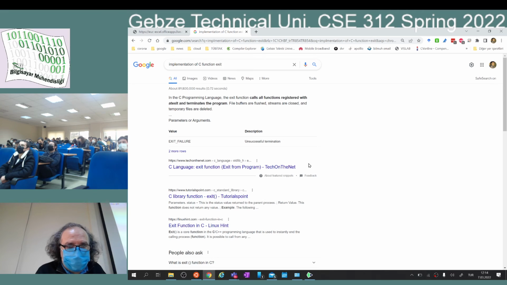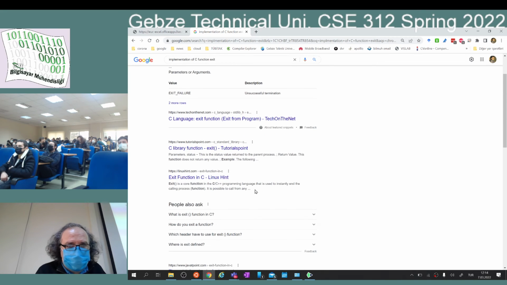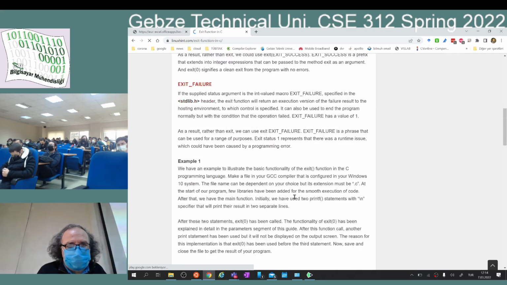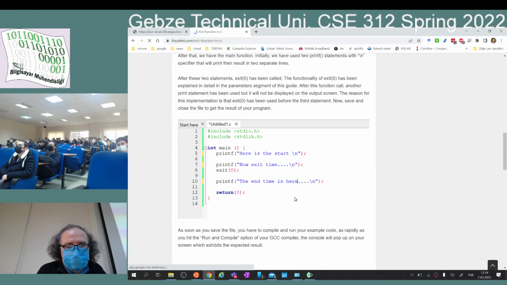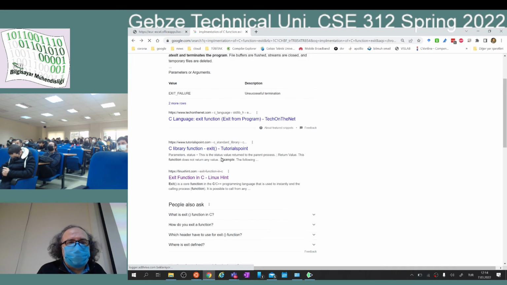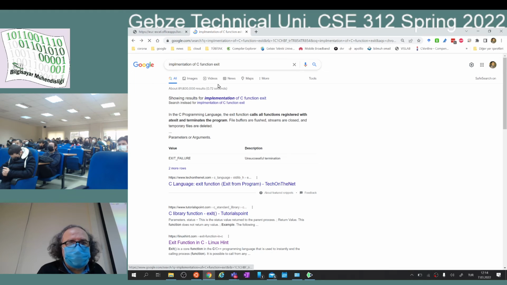I'm sure I can find it. Okay, I'm trying to find it. Exit function in C. I'm trying to find how it works, how it makes a system call in C. No, this is just an example. Let me try the implementation of system.